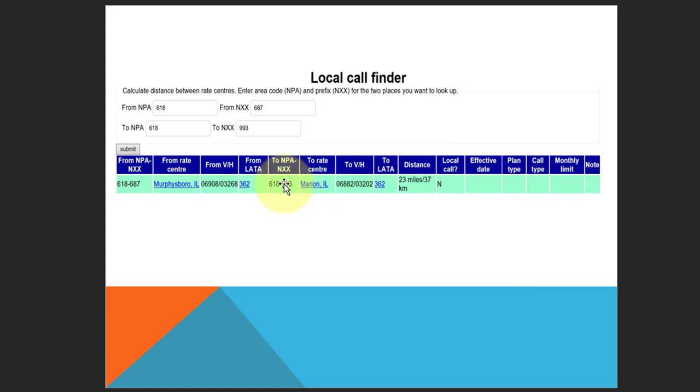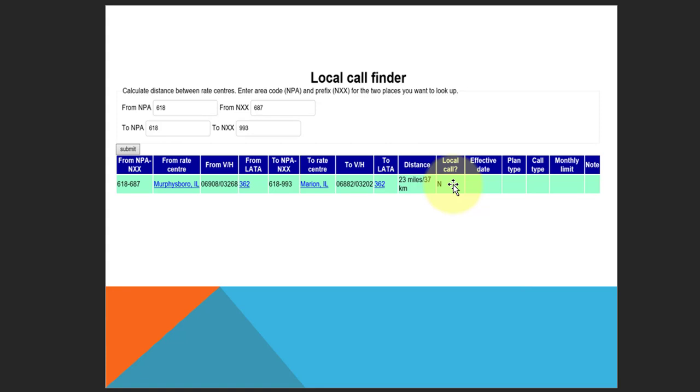The only other thing that will determine that is how far the call is in relation to the central office. I did mention that central offices differ between each other, and they could have 15 miles or it could be 25 miles. In this case, it looks like the call was a total of 23 miles.